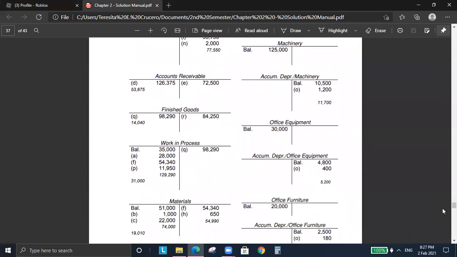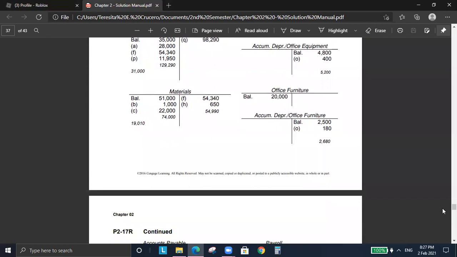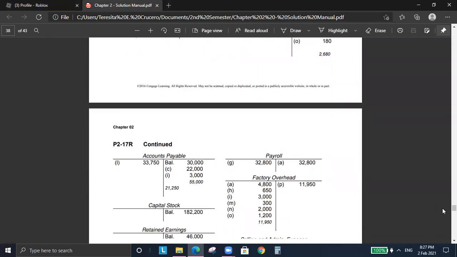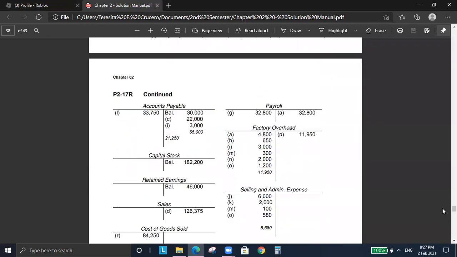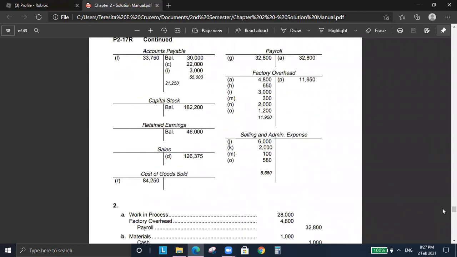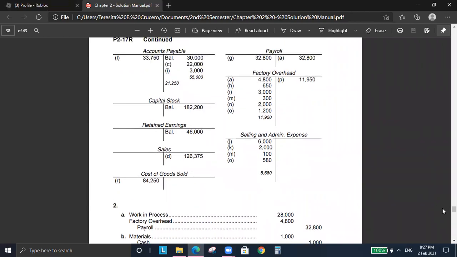Then we debit factory overhead in the amount of 4,800, and then credit payroll.